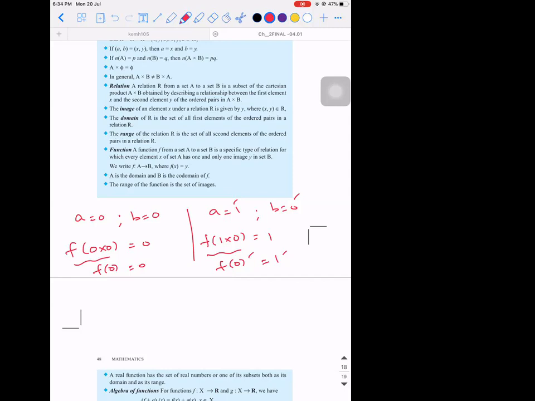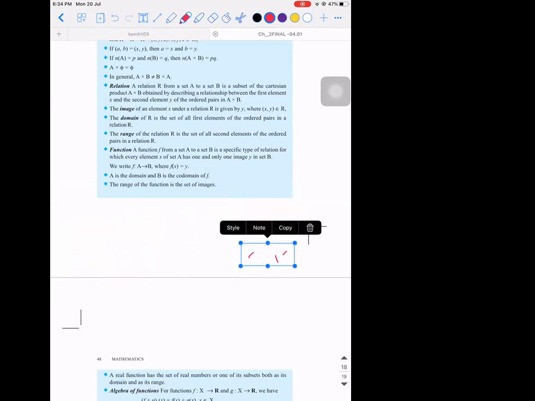This problem, as I told you, you can use only trial and error method to prove it.